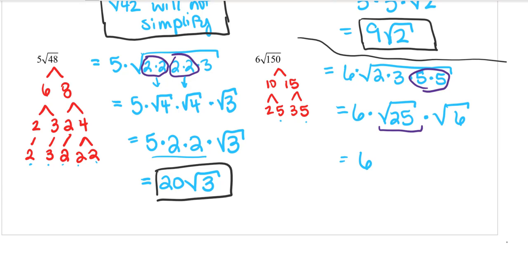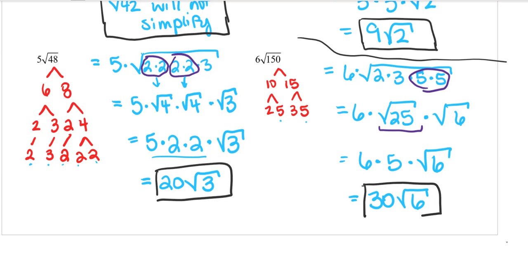So that's 6 times, well, the square root of 25 is 5, and then times our leftover there, the square root of 6. Go ahead and multiply 6 times 5 is 30, and then bring down your leftover square root of 6. So 6 times the square root of 150 will simplify into 30 times the square root of 6.